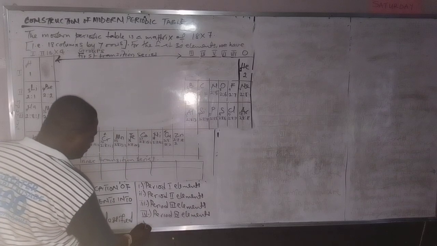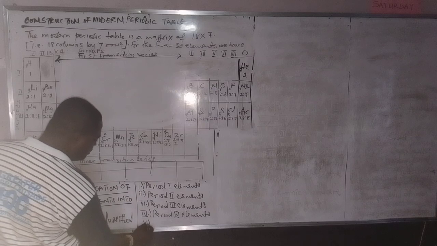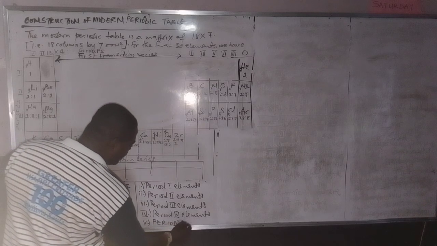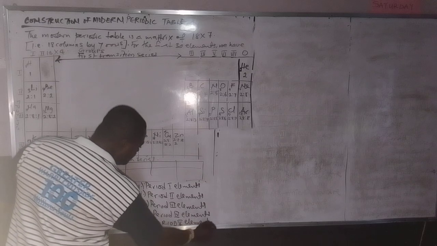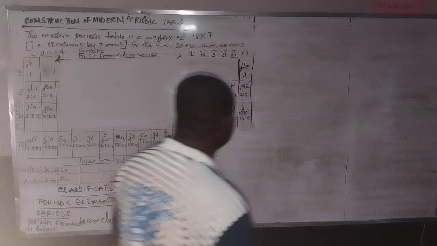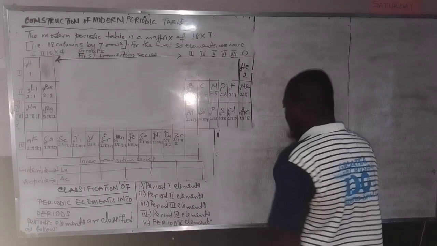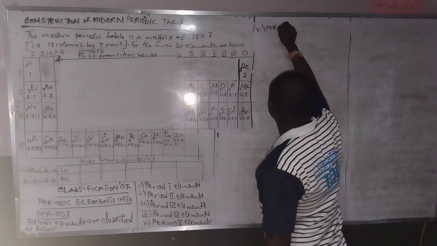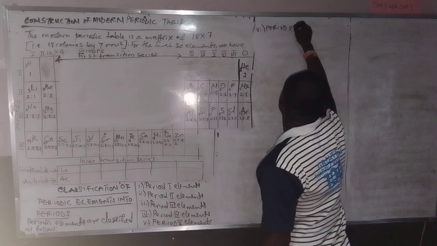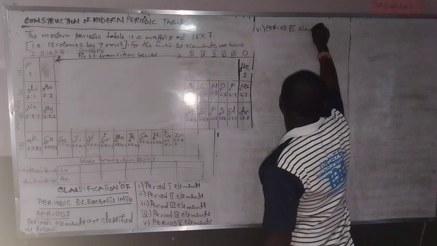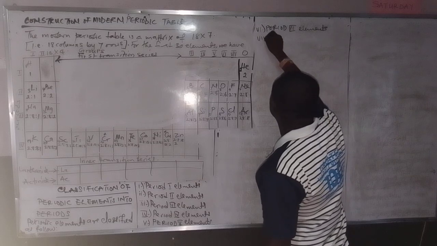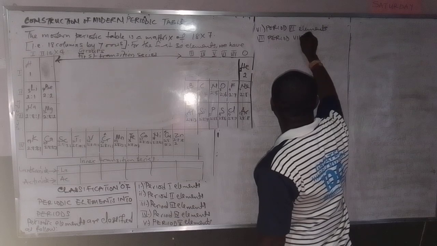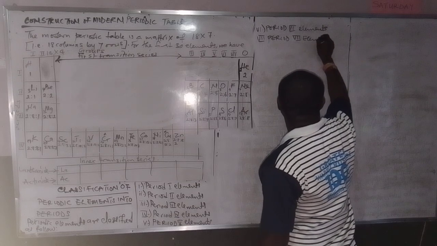We have period 5 elements, and then we have period 6 elements, and lastly we have period 7 elements.